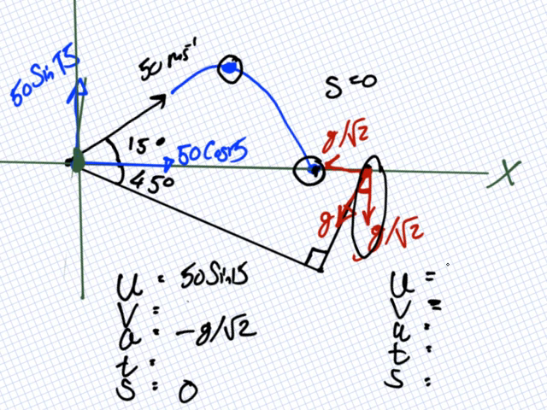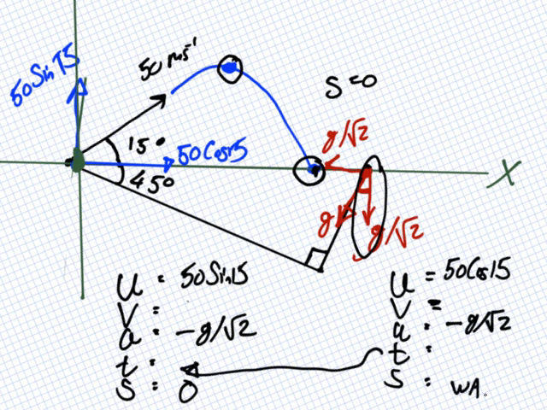For the range. 50 cos 15. V? Don't know. A? Negative G over square root 2. T is whatever I got previously. And the S is what I want, for getting the range.